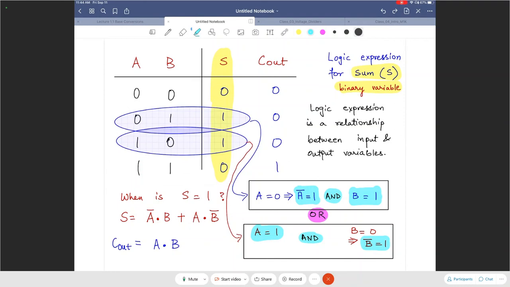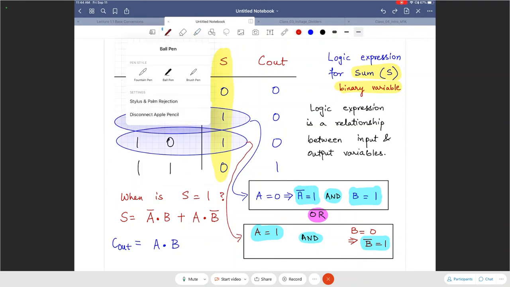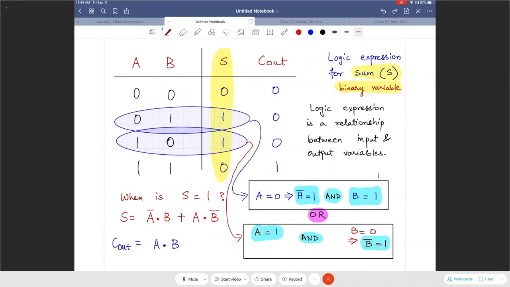So these 2 statements combined, statement 1 and statement 2, I can write sum as A complement and B. You see, and I'm using a dot, the product sign. A complement and B. Or, this is my pink, or, and then this is my blue for and.